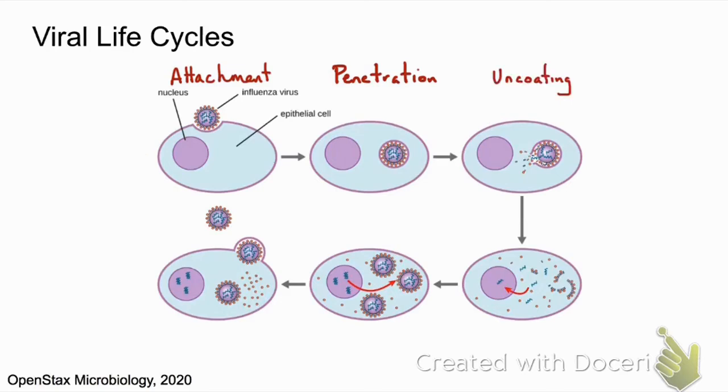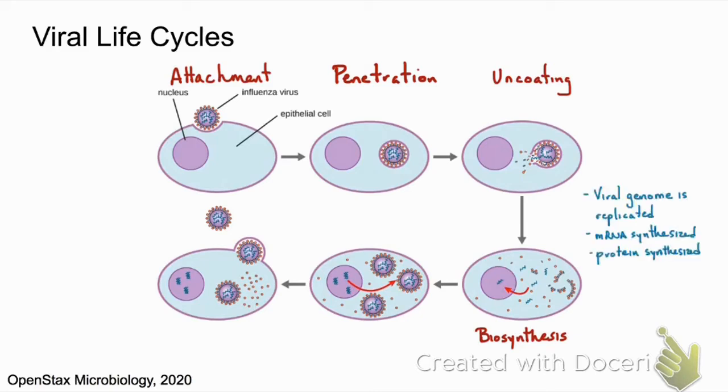The third step is known as uncoating. During this step, the viral particle will release proteins and genome into the cytoplasm. The fourth step is known as biosynthesis. In this step, we find multiple things that are occurring that are related to DNA, RNA, and protein.